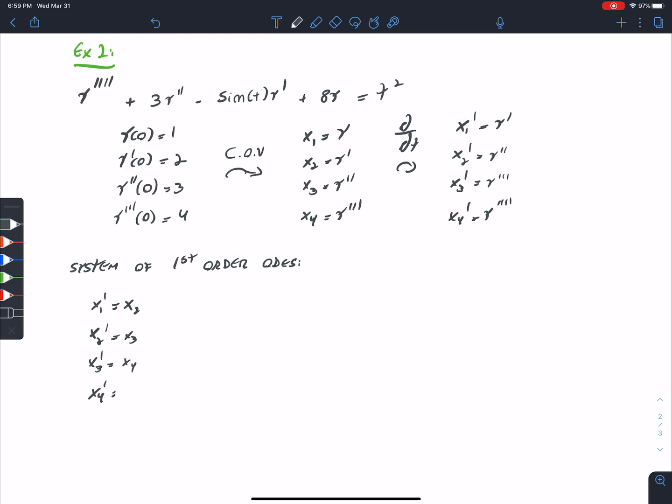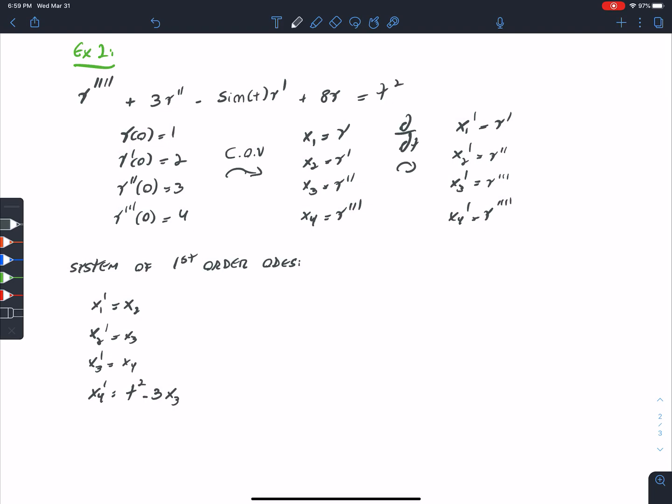And now x4 prime, right, which will be this fourth derivative variable. Well, the fourth derivative appears here, so all we have to do is move everything to the other side, and that's going to be equal to t squared minus 3x3, right?